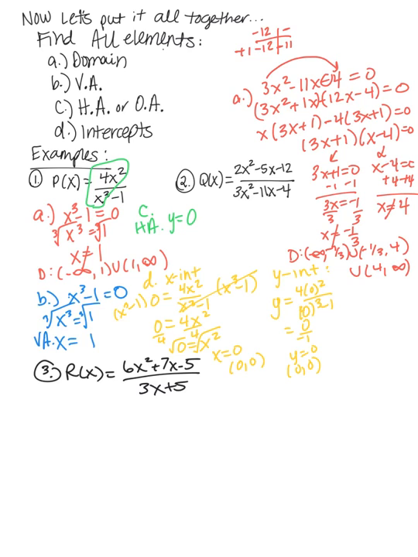Okay, so let me get this first one over here. All right, so I'm going to factor the numerator and the denominator. Well, the denominator has already been factored. 3x plus 1 and x minus 4. Okay, so I need to factor now the numerator.